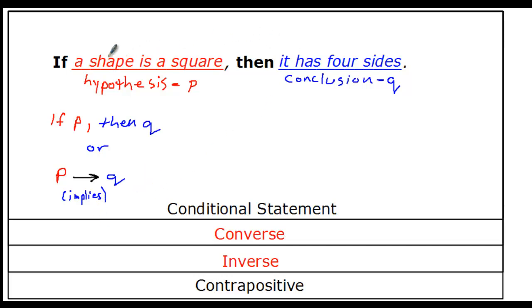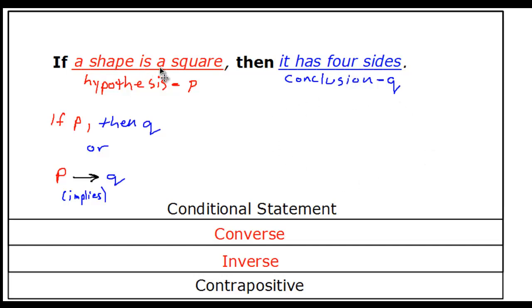Now, if you think about this conditional statement here, if a shape is a square, then it has 4 sides. Hopefully you can think about a Venn diagram kind of scenario. I know you remember Venn diagrams are the things with the big ovals. So the big oval here would be the 4 sides, right? There's all kinds of things that have 4 sides.